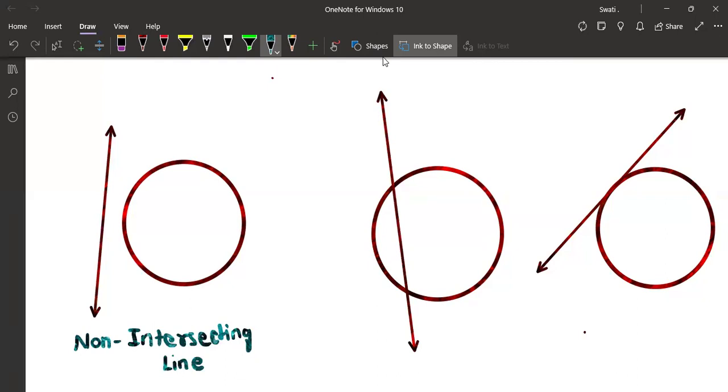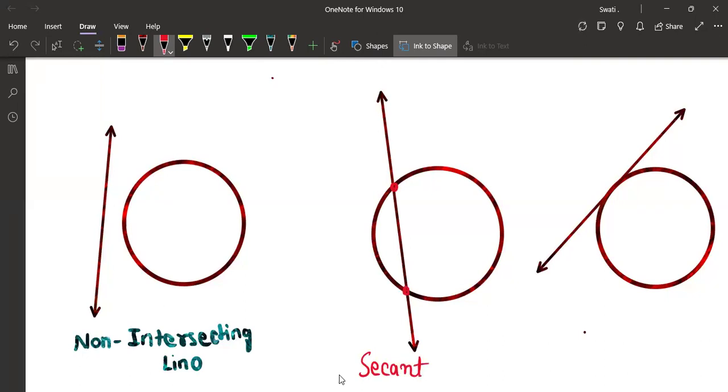And there is a difference between this line and the chord. You cannot say that it is a chord, right? Because chord was not going outside the circle, but this is going outside the circle also, because chord was a line segment and this is a line here. So if the line touches the circle at 2 points, then such a line will be called a secant.